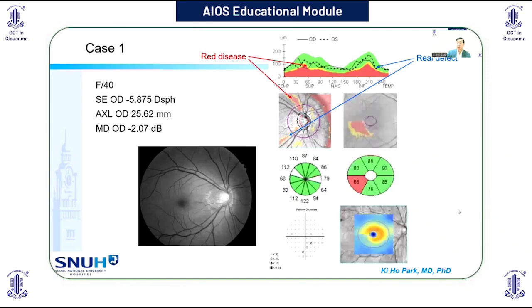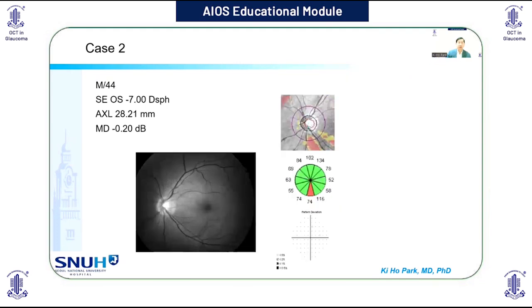And if we look at the ganglion cell analysis, this real defect could be detected more clearly, and a larger area of defect could be detected. So in this case, we can look at the ganglion cell analysis, and the temporal raphe sign is very clear. It helps to detect the glaucoma true defect.